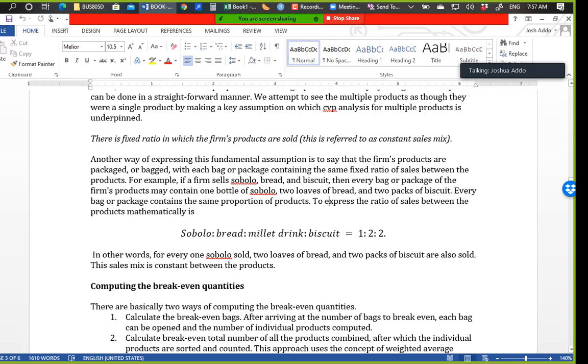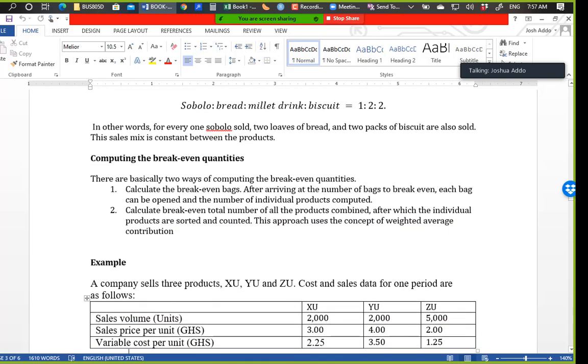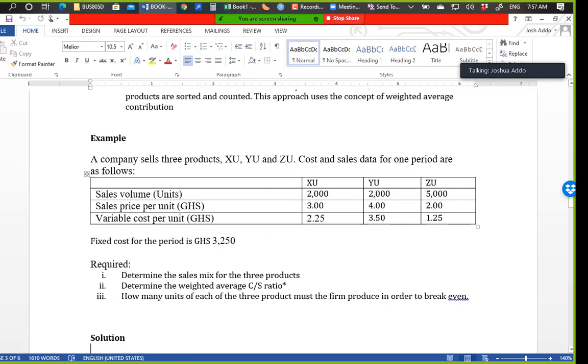So let's take this question. It's a small question example I took from a certain source. A company sells 3 products: Zoo, U, and Zoo. You can change the names, please, if the names are confusing. So these are the products. Cost and sales data for one period.